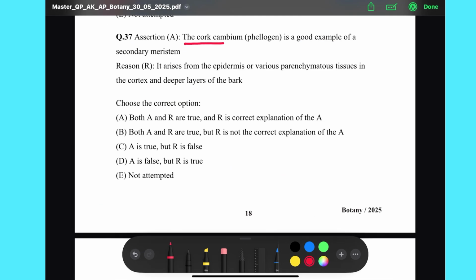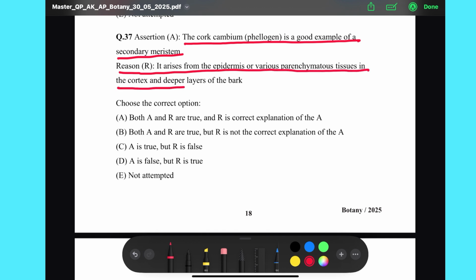Assertion: The cork cambium is a good example of secondary meristem. Reason: It arises from the epidermis or various parenchymatous tissue in the cortex and deeper layer of bark. Right. So I think both the statements are correct, and it is the correct explanation also. See, assertion A, cork cambium (phellogen) is a good example of secondary meristem, right?